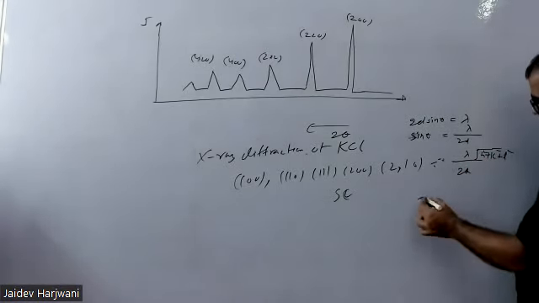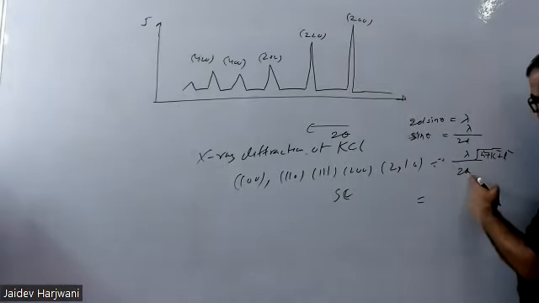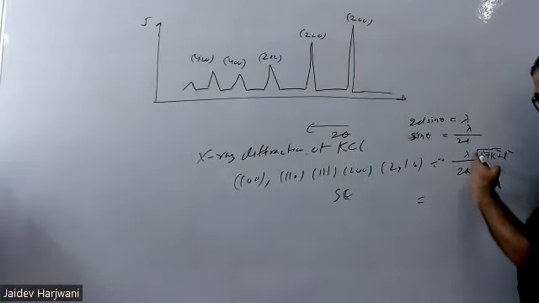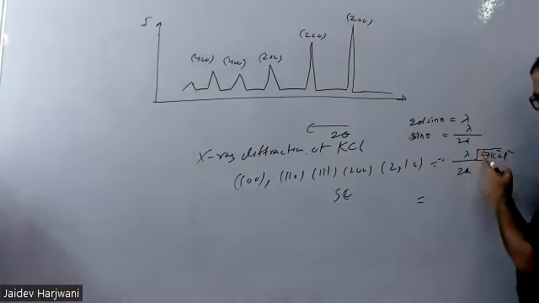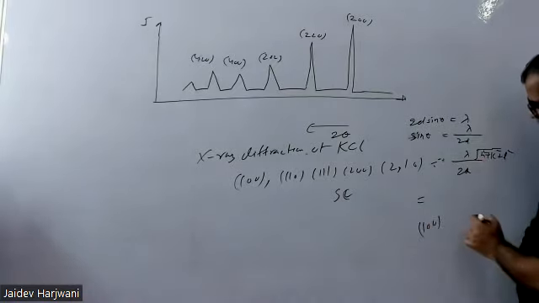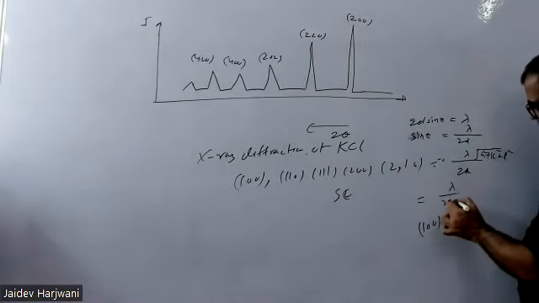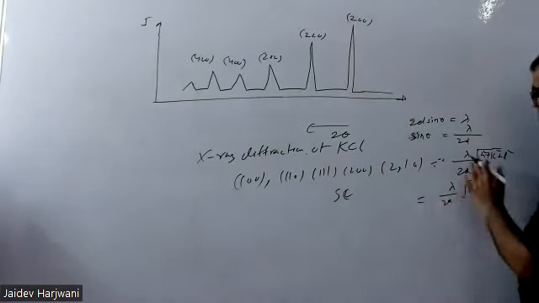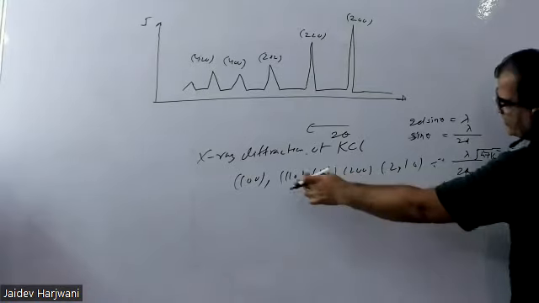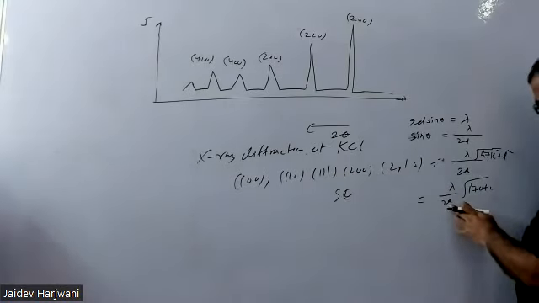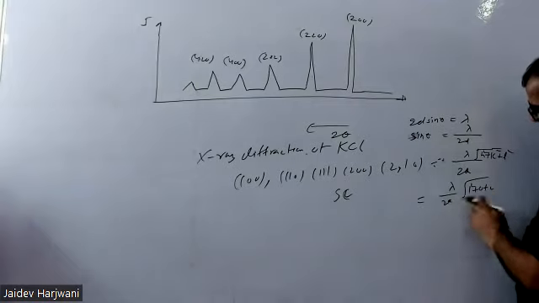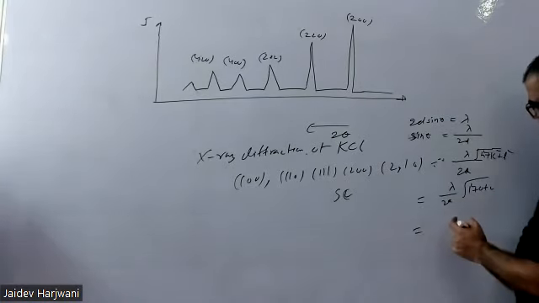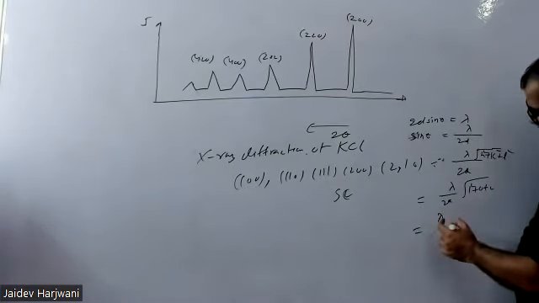Now if you say this is a/2, so 2 can go here, and 2 can go inside. If it is a 100 peak, I can write this as lambda by a/2.